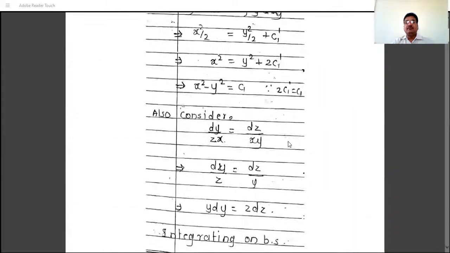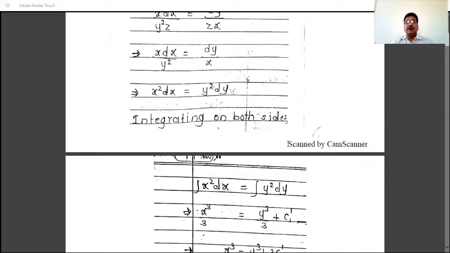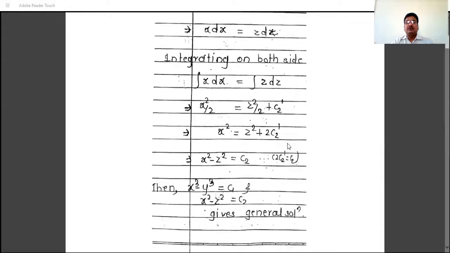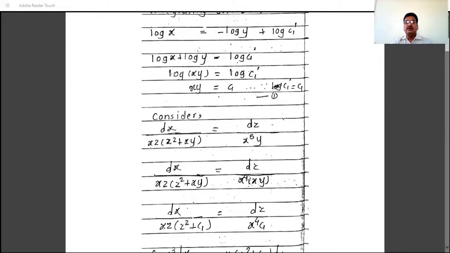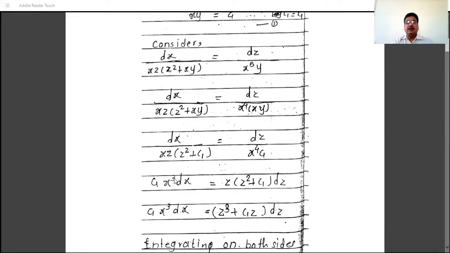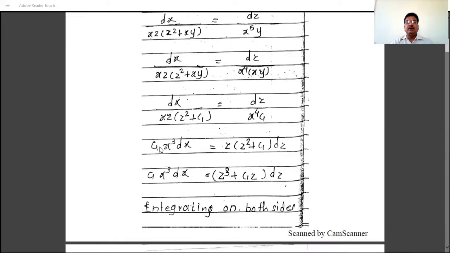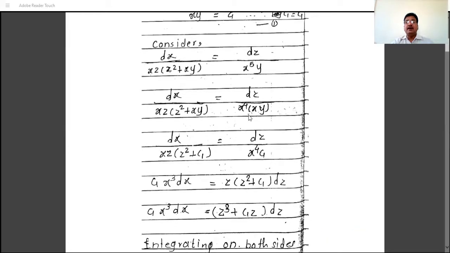So here the first solution is x into y is equal to c1. So x into y is equal to c1, and then substitute here x into y as c1, and then we have c1 x cube dx, and that is a y variable. So x into y as c1, and therefore this becomes a differential equation in two variables.